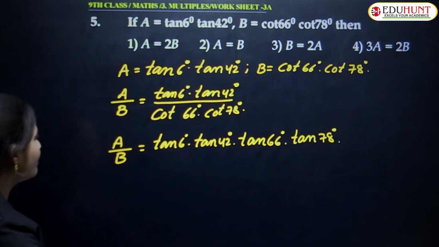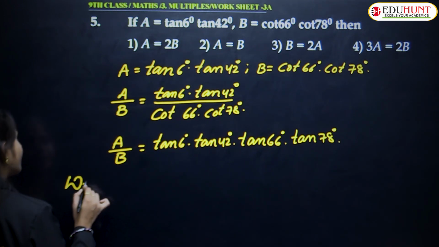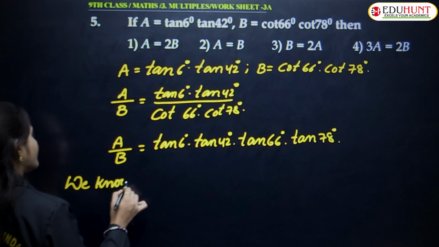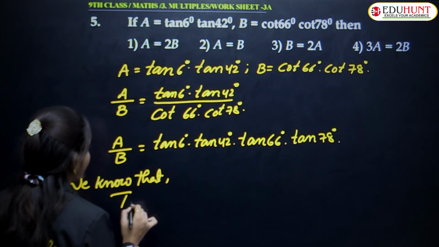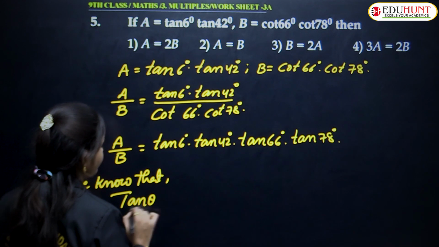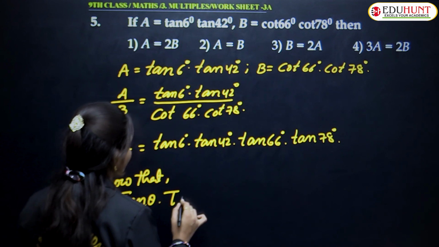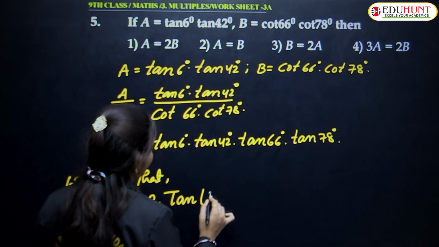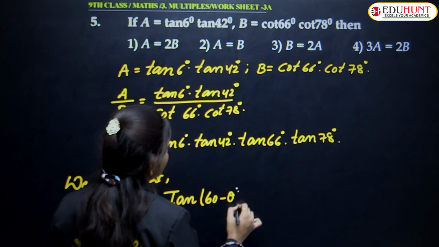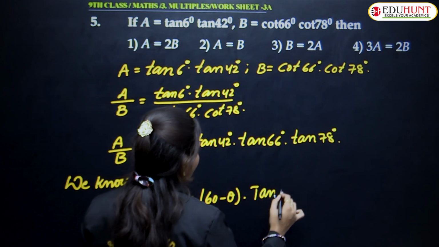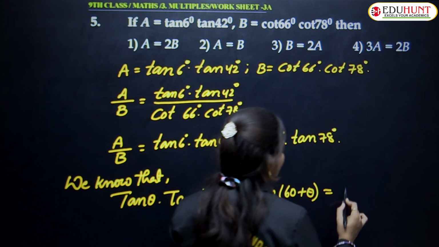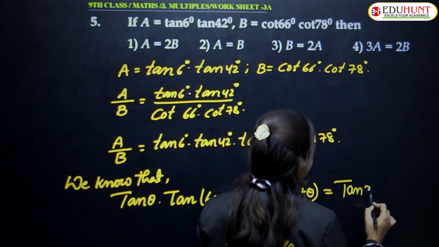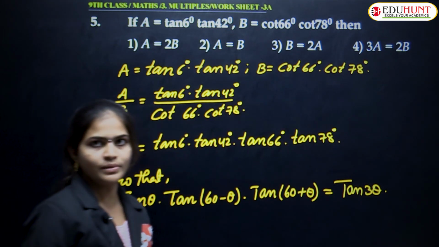Now here we know one condition, that is we know that tan theta into tan 60 minus theta into tan 60 plus theta is equal to tan 3 theta. We know this formula, right?